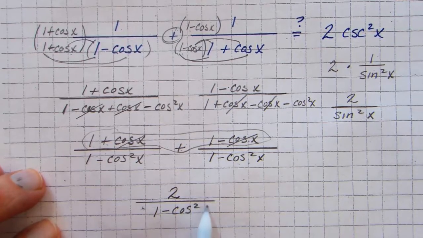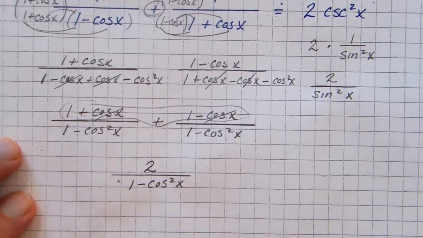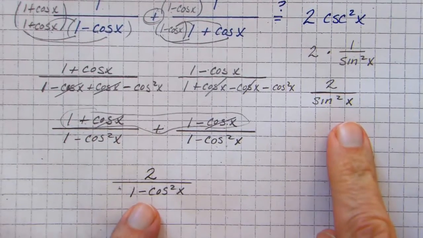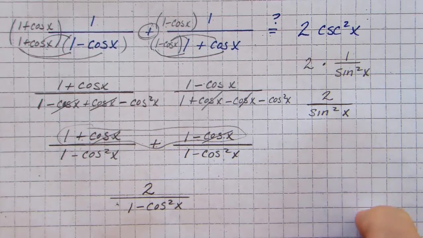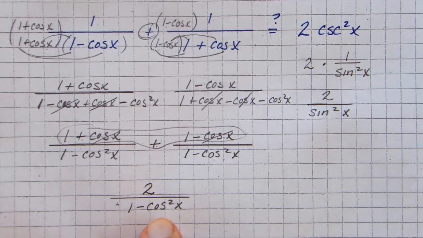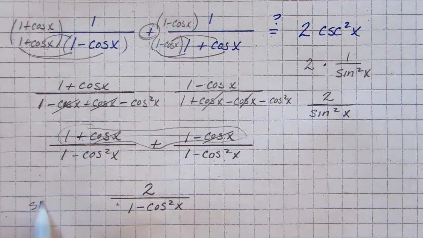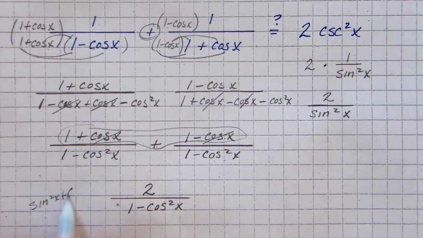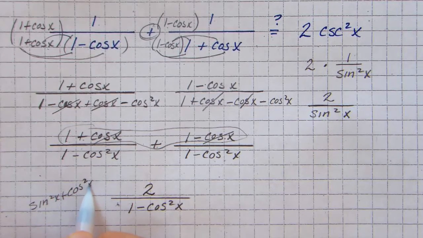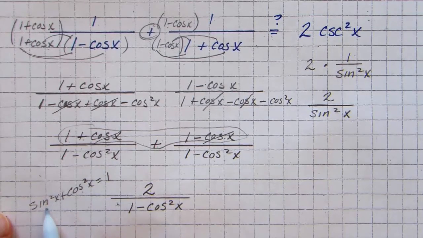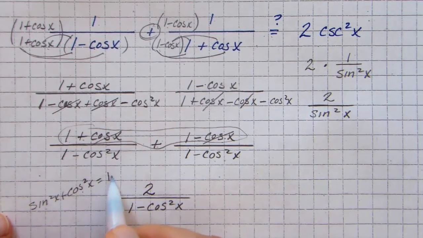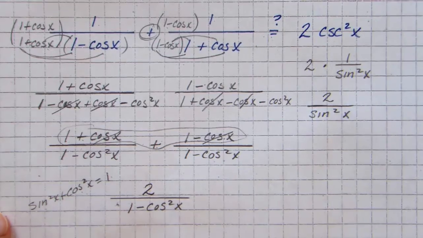So here we are in the case of, okay, these are almost the same. We have 2 up top. Well, again, if you think about the Pythagorean identity, sine squared plus cos squared makes 1. Well, that means that 1 minus cos squared makes sine squared. And for that matter, 1 minus sine squared makes cos squared.